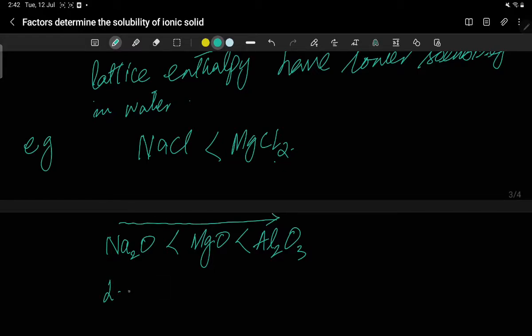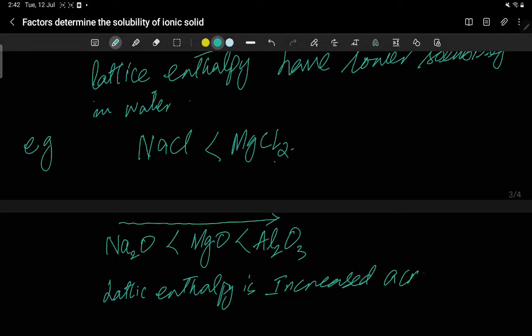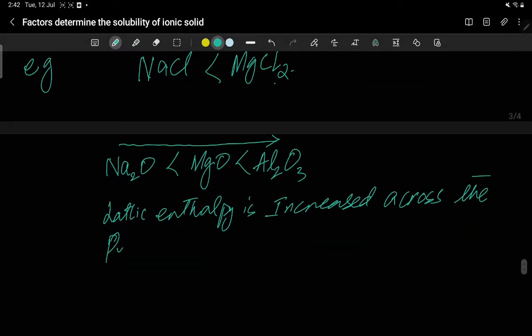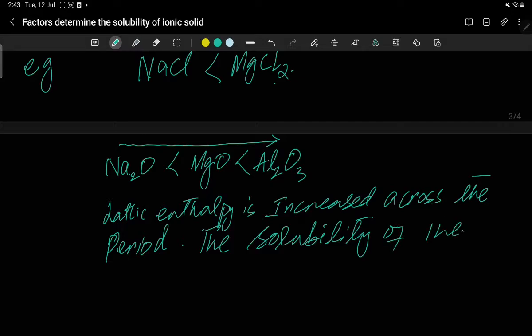So lattice enthalpy is increased across the period, and when lattice enthalpy is increased across the period, the solubility of the ionic solid is decreased.